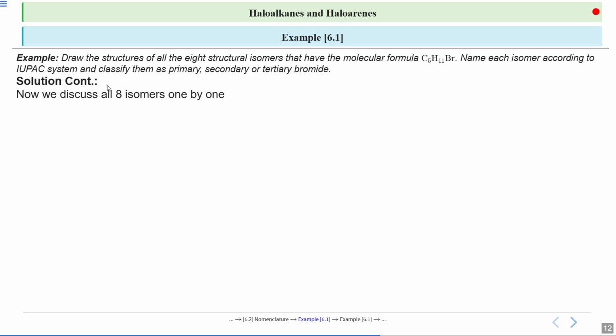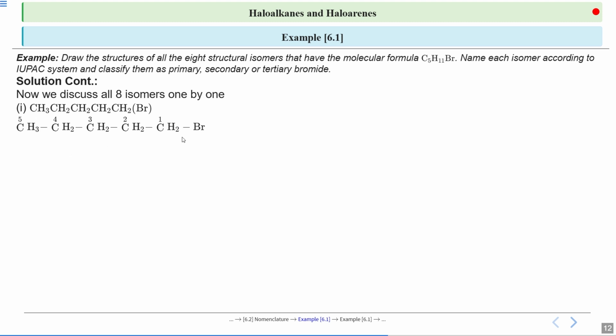Now, we discuss all the 8 isomers one by one. The first isomer of this formula is CH3, CH2, CH2, CH2, Br. That means we have 5 carbon, 11 hydrogen, and 1 bromine. So we place the bromine at the first carbon. So this is the first isomer. There is only one chain, so it will be the parent chain.